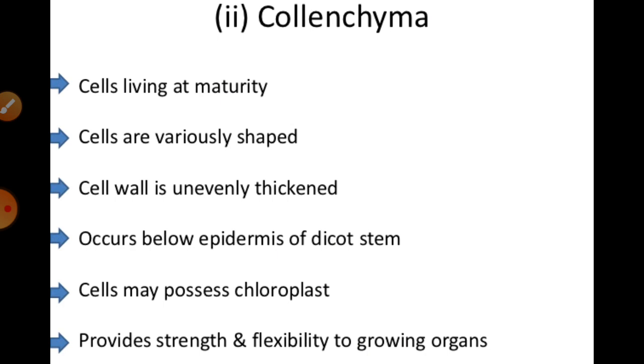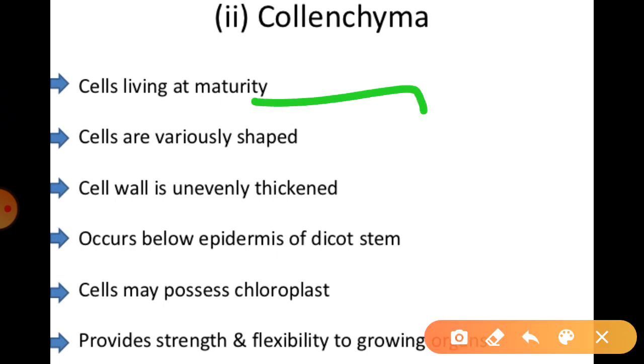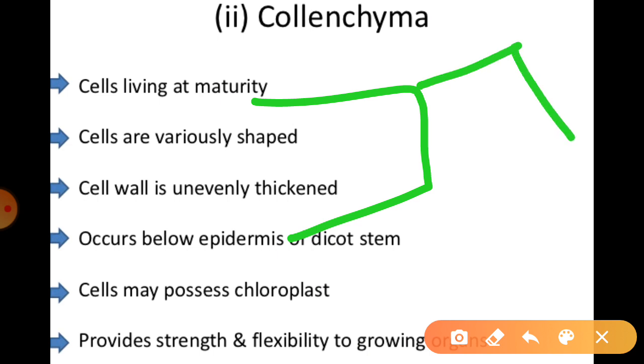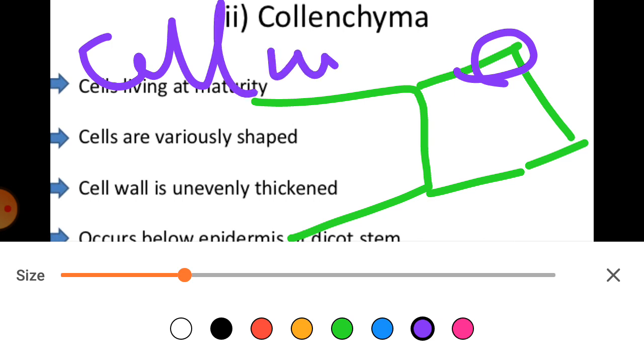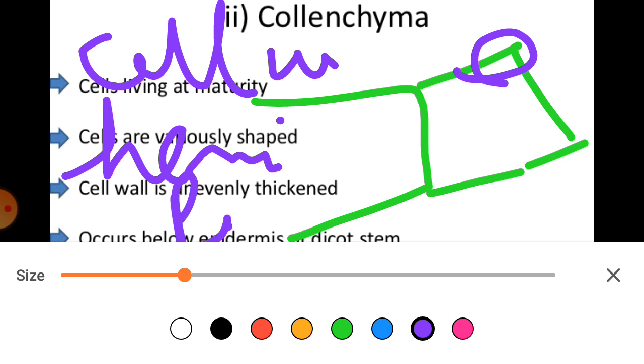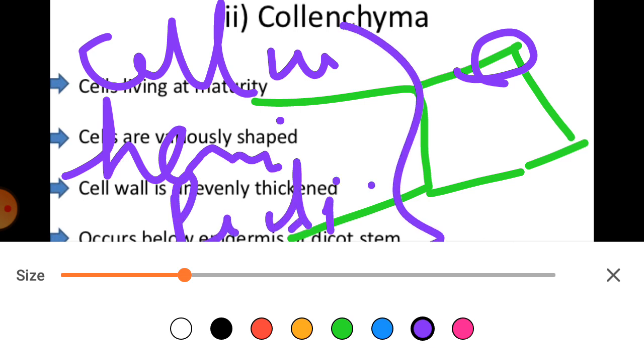Because generally there is deposition of cellulose, hemicellulose, and pectin, as I told you in the parenchyma, that their outer layer is always made up of cellulose, hemicellulose, and pectin.